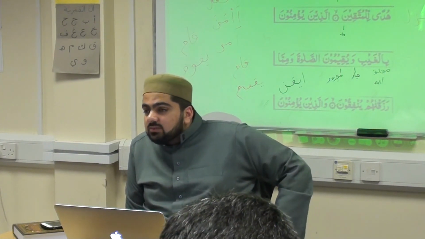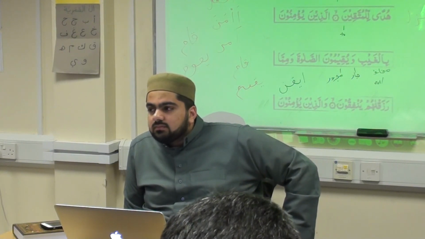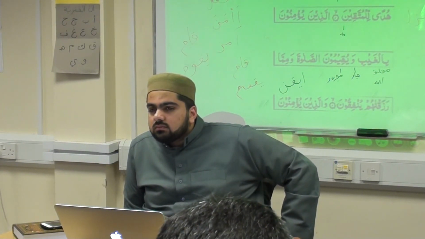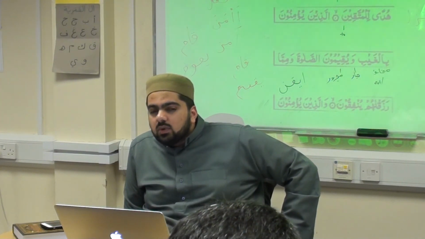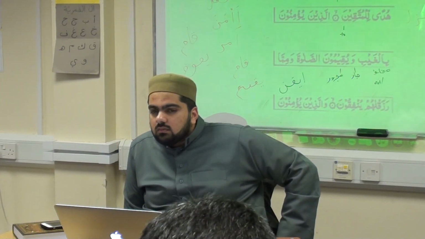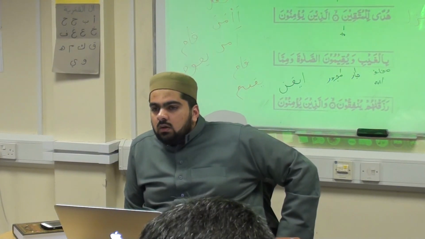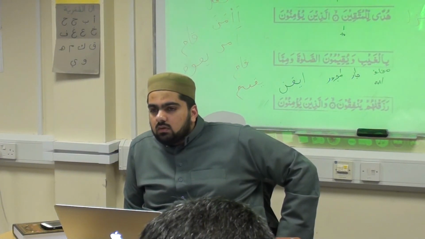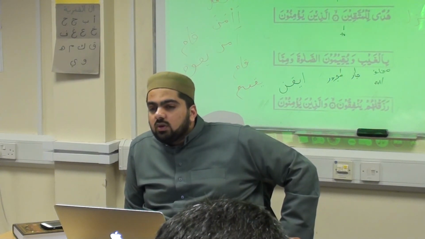Ulaika again is now the mubtada. Humul muflihun is the khabar. But hum is brought again for emphasis. So these mubtada khabars, the ending should really be marfu. Ulaika should be marfu. And muflihun is marfu.